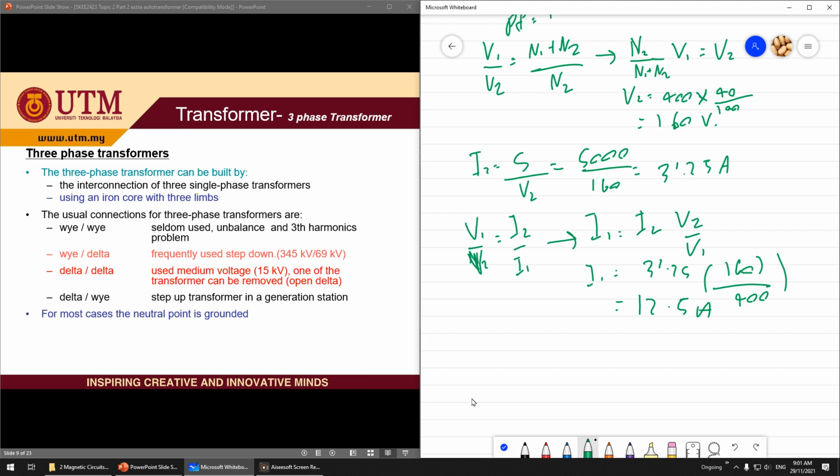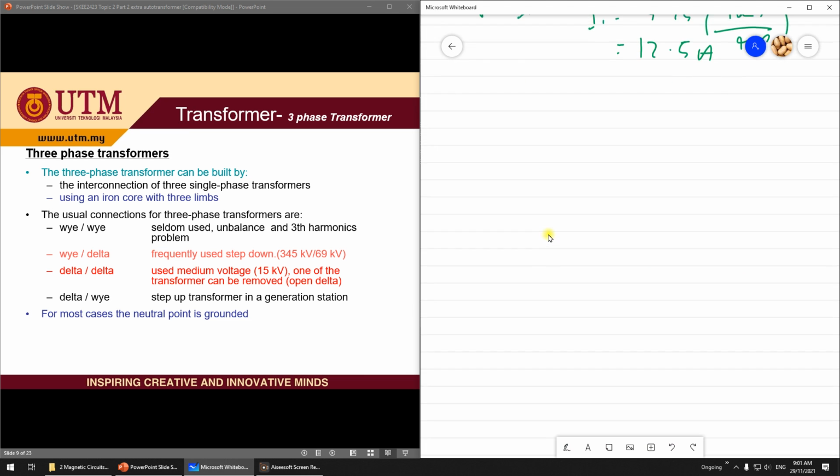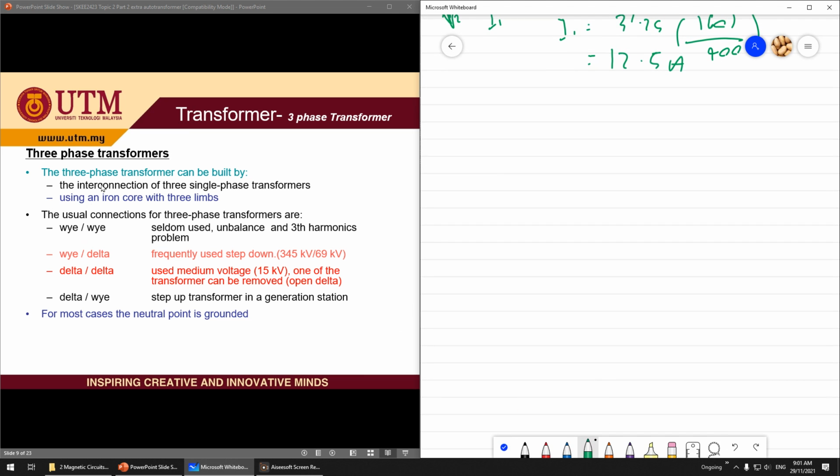So the first thing I taught you on the transformer is the single phase transformer, but usually we use the three-phase transformer. No need to worry, because the three-phase transformer is actually complicated, and usually it is not included in your syllabus. You just need to know the theory.